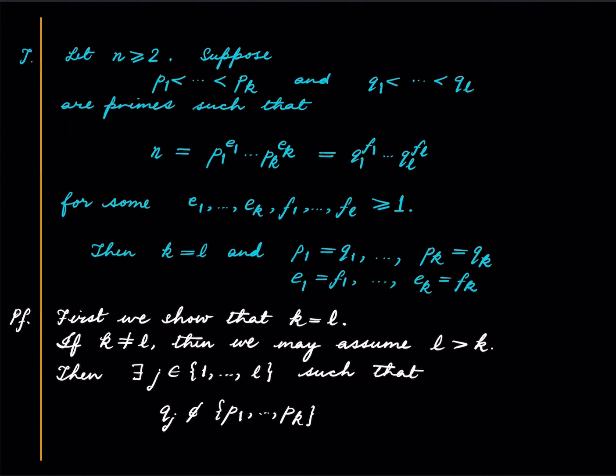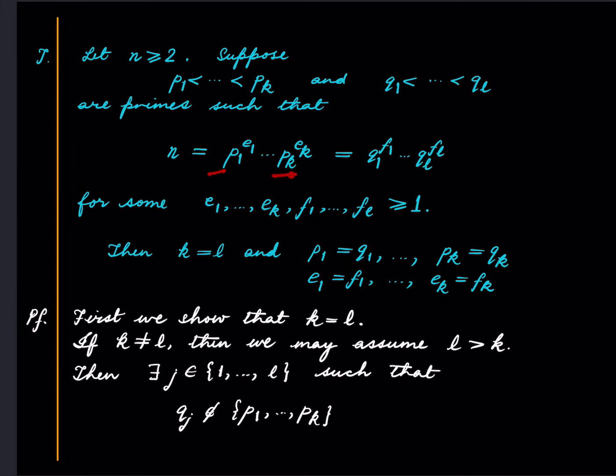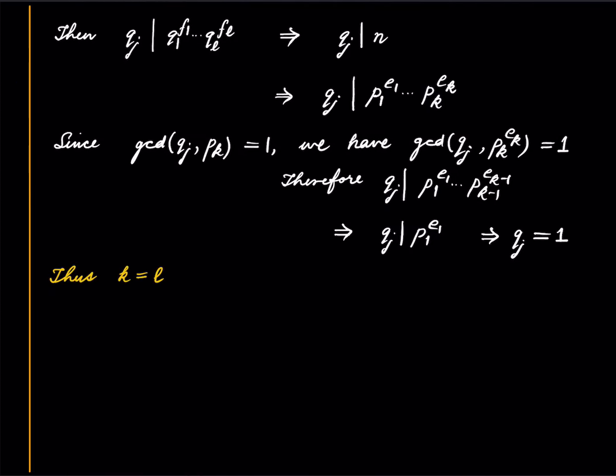Alright, so now what we need to show is that all these primes are the same, meaning P1 equals Q1 and so on. Here is, again, exactly the same argument that we just gave. The argument that we just gave actually shows that Qj must appear in this list.